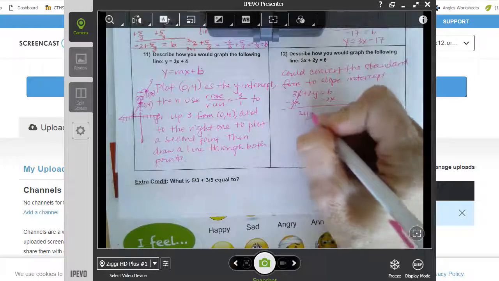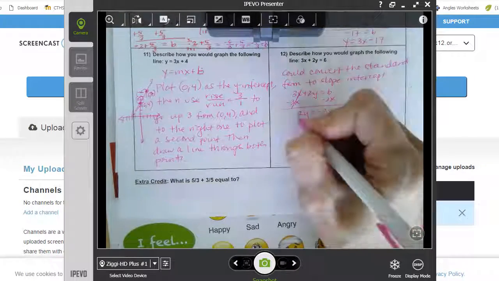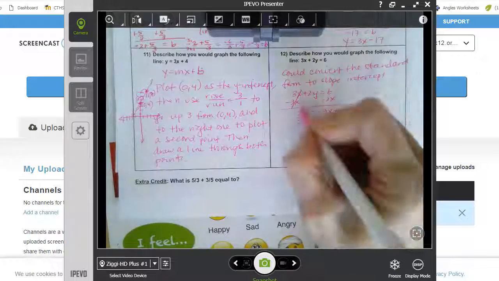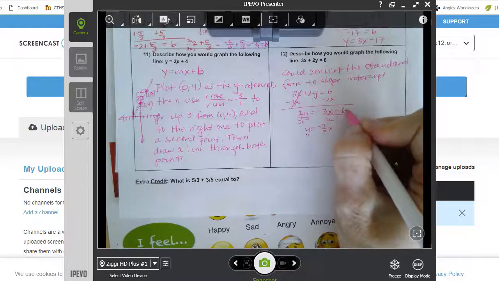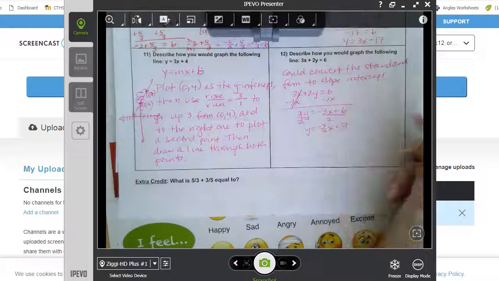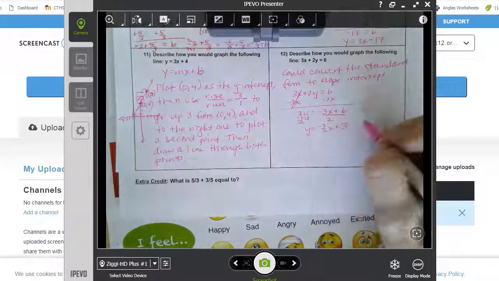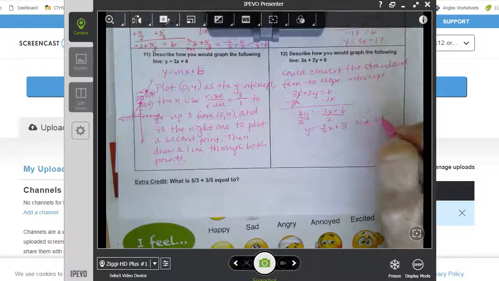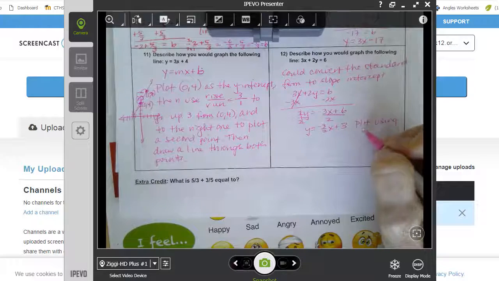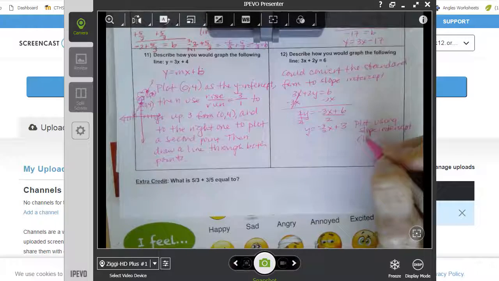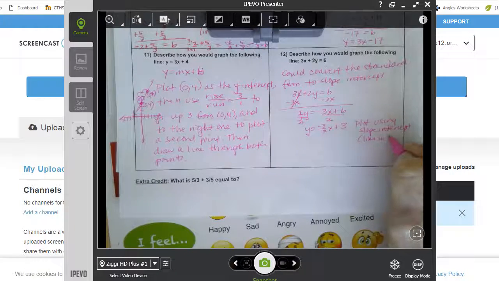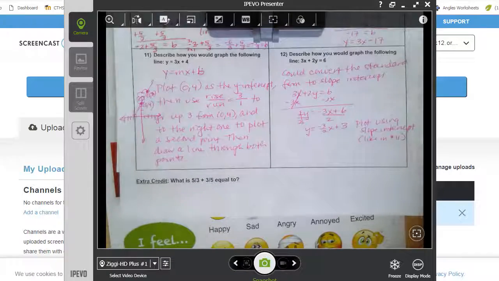You'd have 2y equals negative 3x plus 6, and then you'd have to divide by 2 to get y equals negative 3/2 x plus 3. And then tell me how you would plot using slope-intercept, much like we did in number 11.